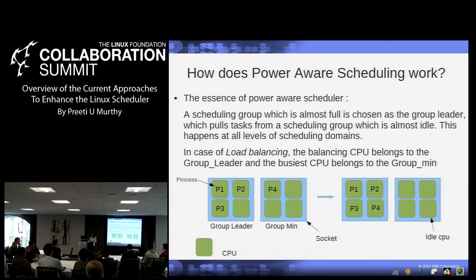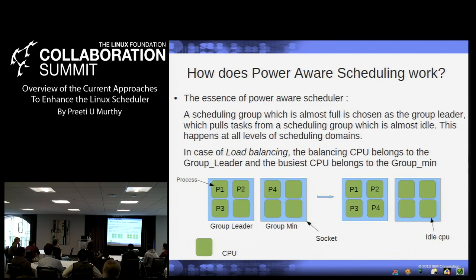So why does it do this? It does this on an assumption that each of these scheduling groups is powered independently. So if you empty one of them, it can be completely shut down and save power. Otherwise this wouldn't really help, but we are assuming that each of these groups is independently powered, so emptying one of them, if there's only one task on it, would gain us some advantage, and that would result in a consolidation of load.